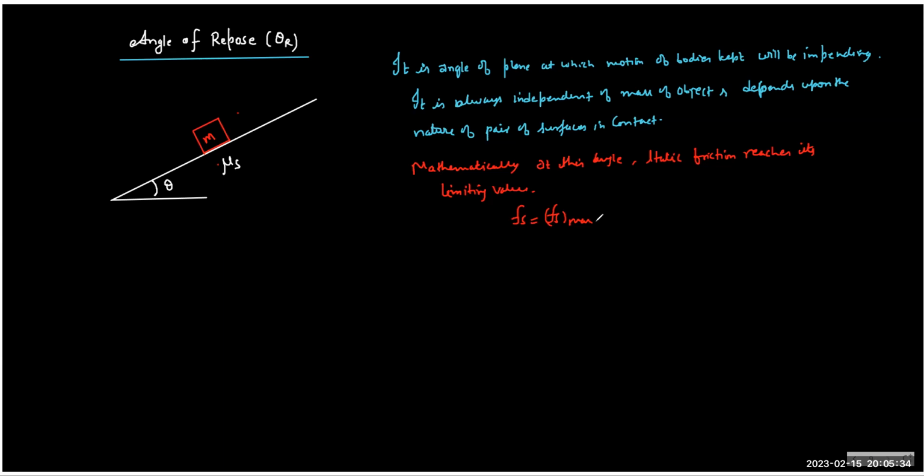Okay. So you can draw the FBD and you can again realize how the friction will act. It will always act parallel to the surface, and because the tendency is to go down, Fs max will be mu s N. And what is N here?